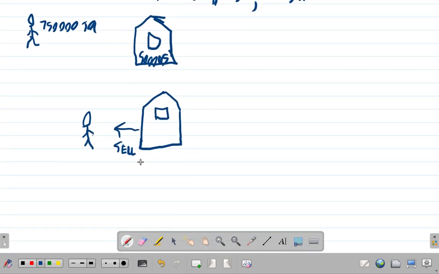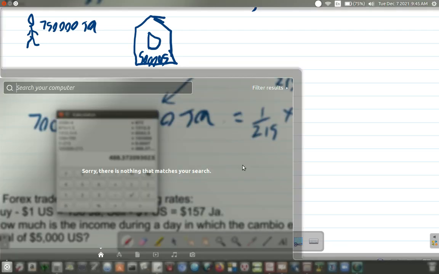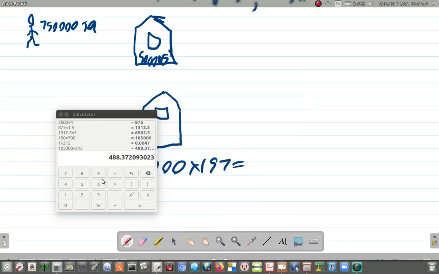So they want you to sell them 5,000 US. You multiply by 157. How much is that? It's going to be 5,000 times 157 equals 785,000 Jamaican dollars.